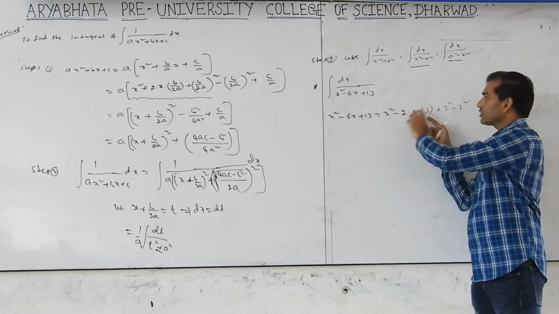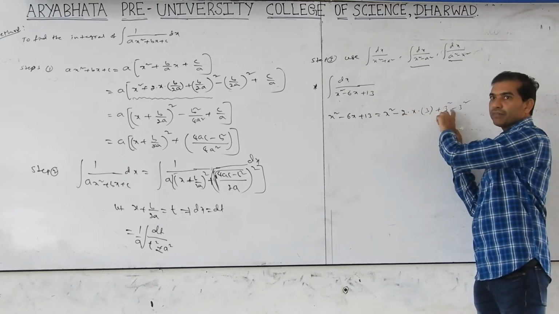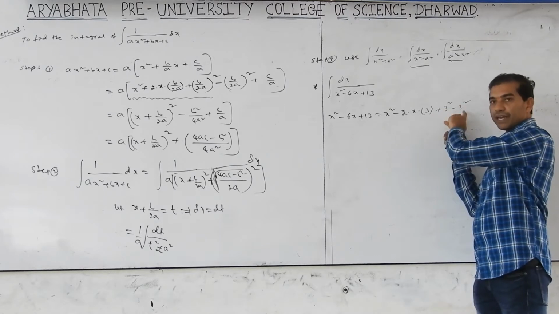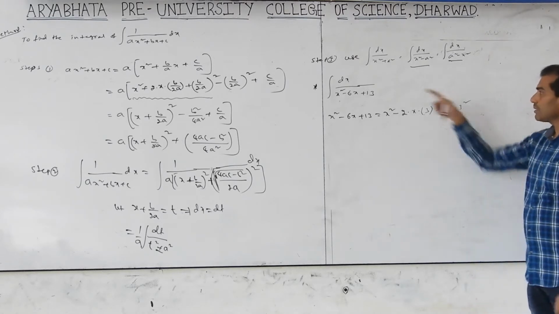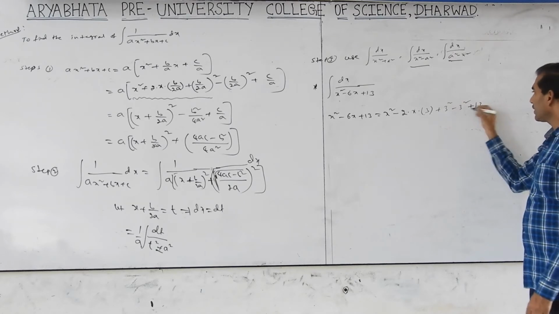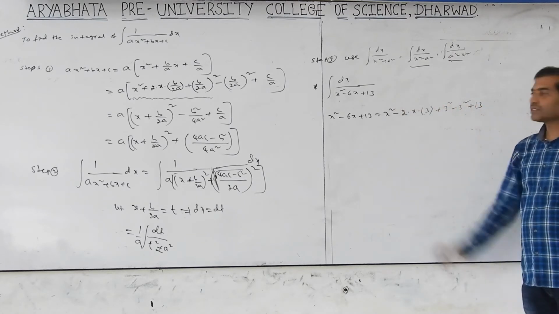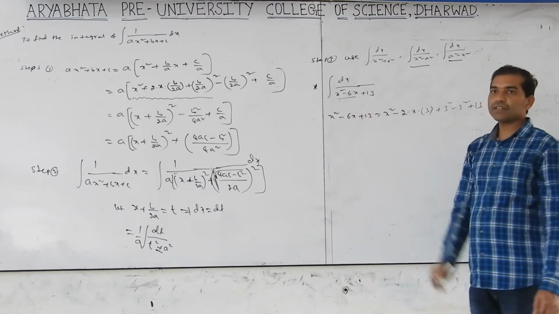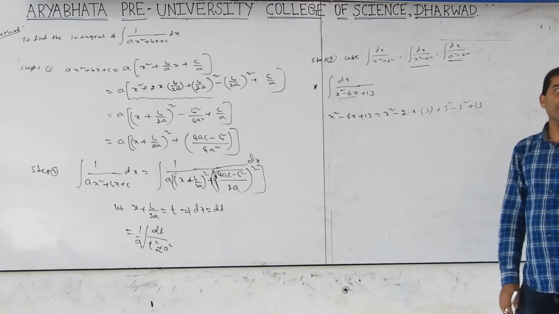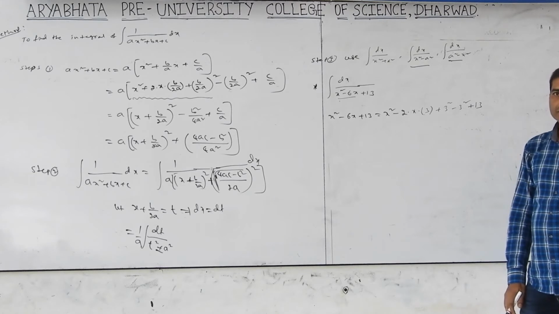When you write a square minus 2ab plus b square, b square should be there. To get that we should add and subtract b square. The remaining constant is 13. This constant has not changed. This much we have made in the form of a square minus 2ab plus b square.